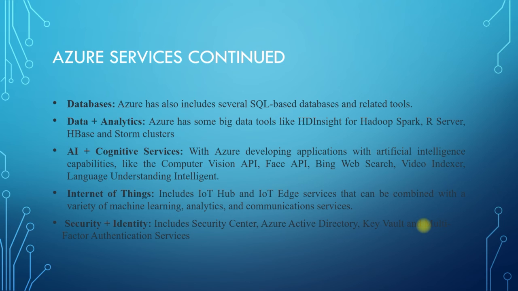In data analytics, Azure has some big data tools like HDInsight for Hadoop, Spark, R Server, HBase, and Storm clusters. The AI plus cognitive services provide Azure developers with applications with artificial intelligence capabilities like the Computer Vision API, Face API, Bing Web Search, Video Indexer, Language Understanding Intelligent Service, and many more.